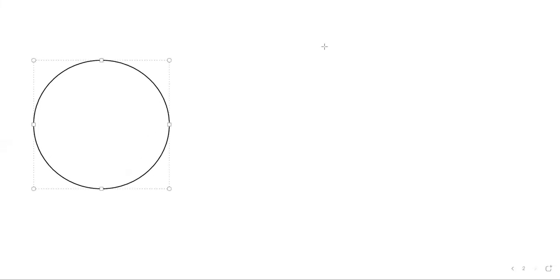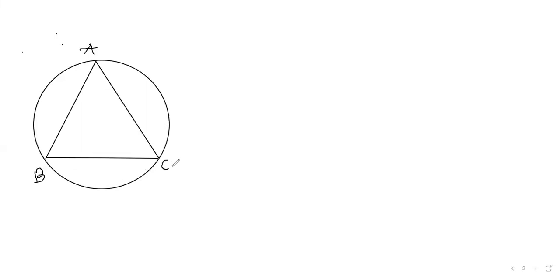Let this be a circle. Let's draw a circle circumscribing a triangle. Now this is a triangle with sides a, b, c, and this is the circumcircle.